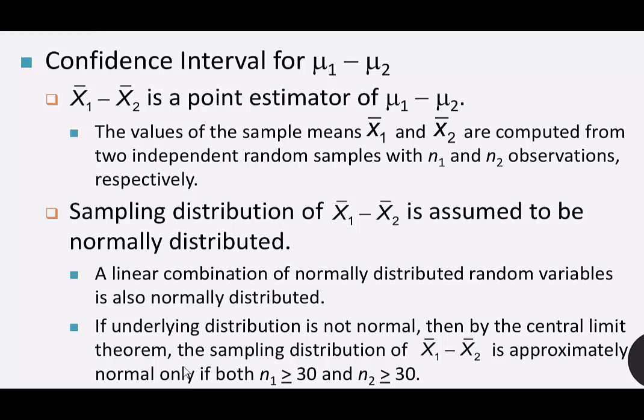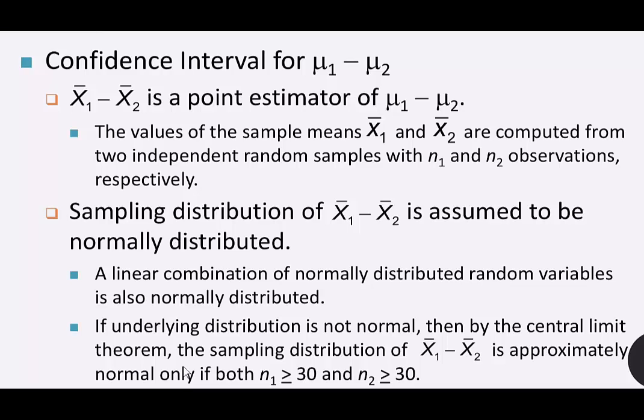Because if mu1 is equal to mu2, then of course they're going to equal 0. If there's a difference, then it will not equal 0, and so we will be able to reject the hypothesis stating that mu1 is equal to mu2.